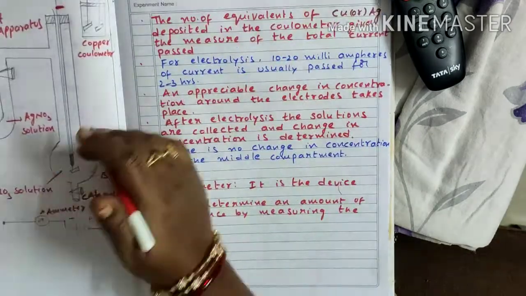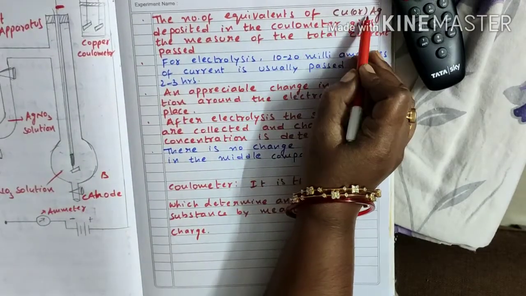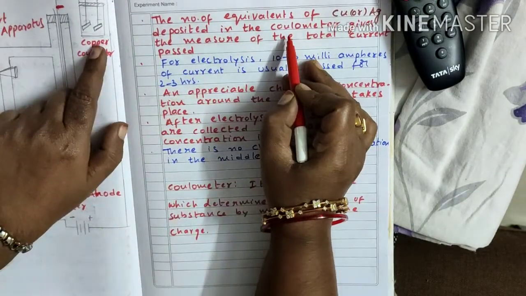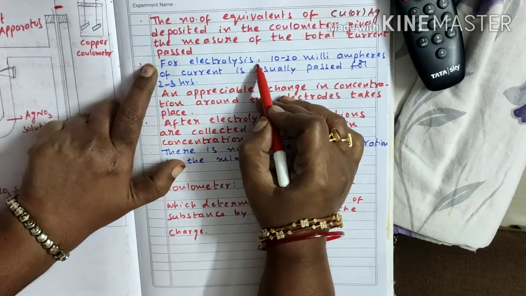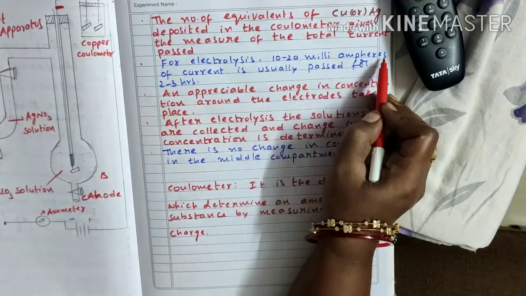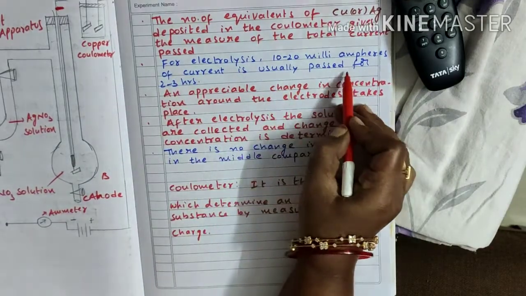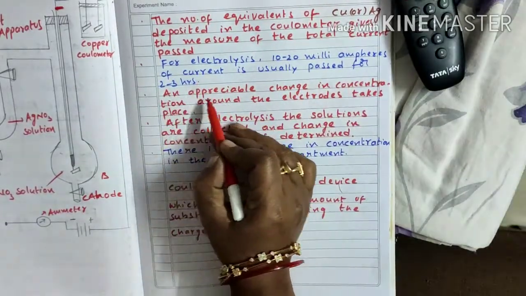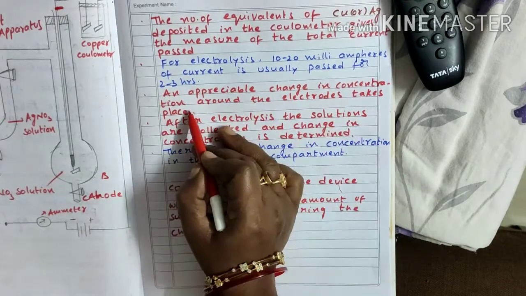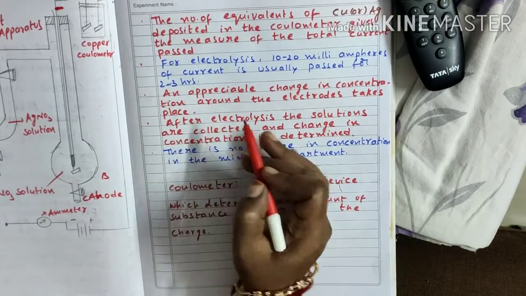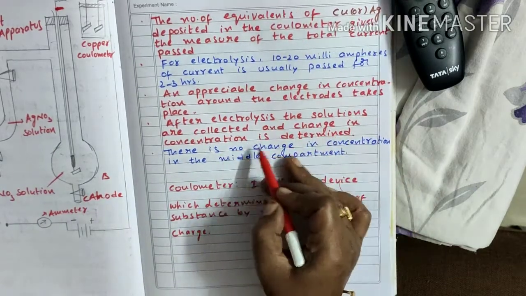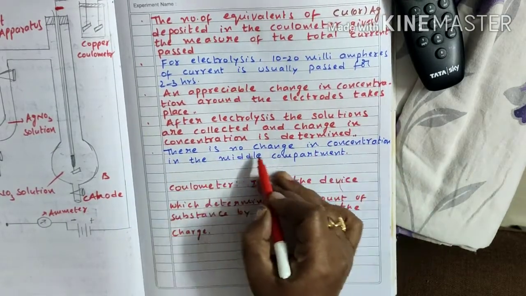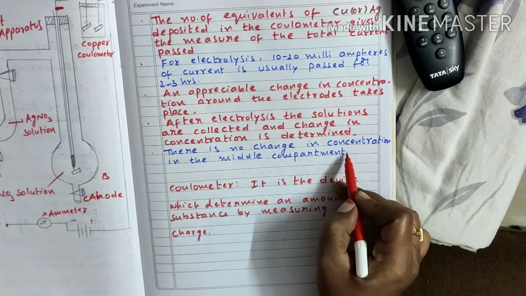The number of equivalents of copper or silver deposited in the coulometer gives the measure of the total current passed. For electrolysis, 10 to 20 milliamperes of current is usually passed for 2 to 3 hours. An appreciable change in concentration around the electrodes takes place. After electrolysis, the solutions are collected and the change in concentration is determined. There is no change in the concentration in the middle compartment.